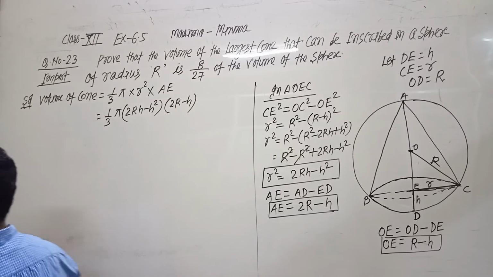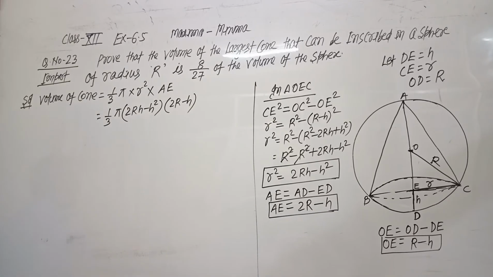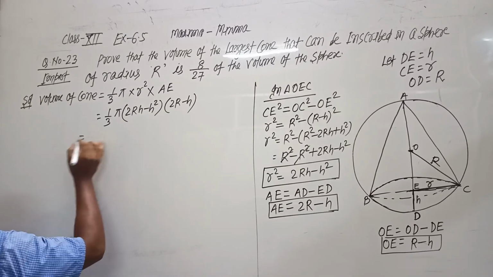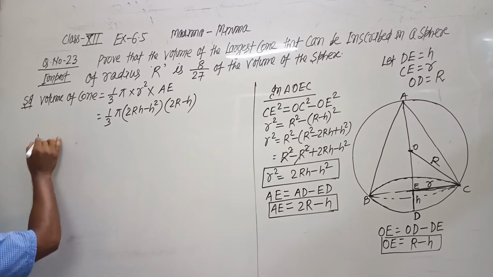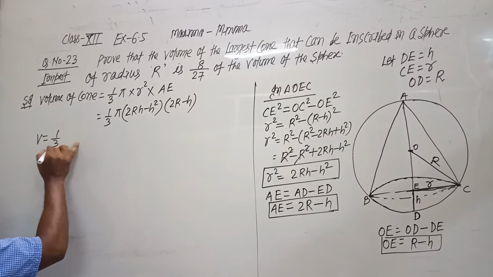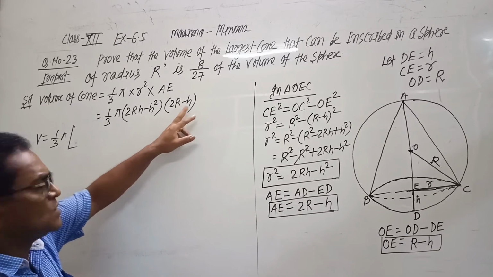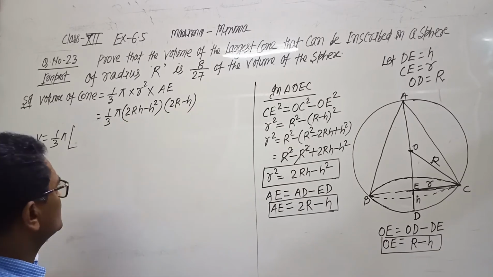The value of AE is 2r minus h. Now we remove the bracket. So volume equals 1/3 pi. The bracket is removed by multiplying 2r and h with these two terms.